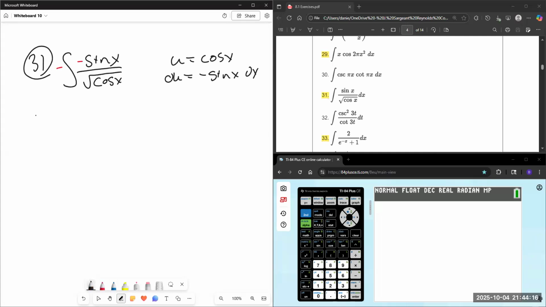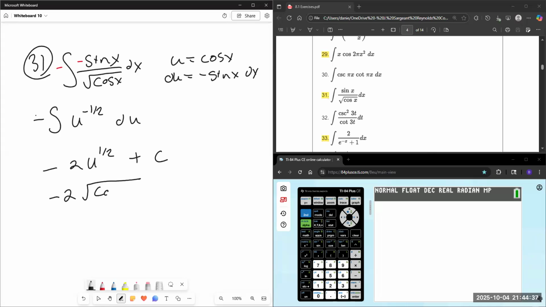This rewrites to negative integral u to the negative 1/2 du. So that is going to be negative u to the positive 1/2 times 2 plus c. It's negative 2 square root of cosine of x plus c.